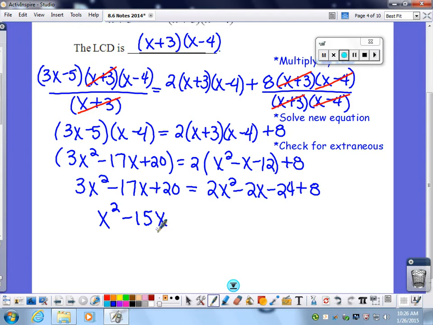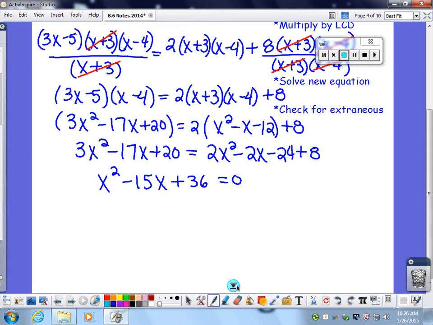Alright, combining like terms, this gives me a negative 16. So I'm going to add that to 20. So negative 16 plus 20 is 36. Alright, so now we need to factor.